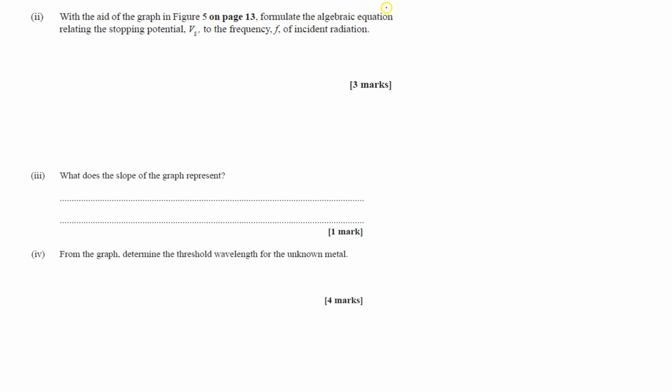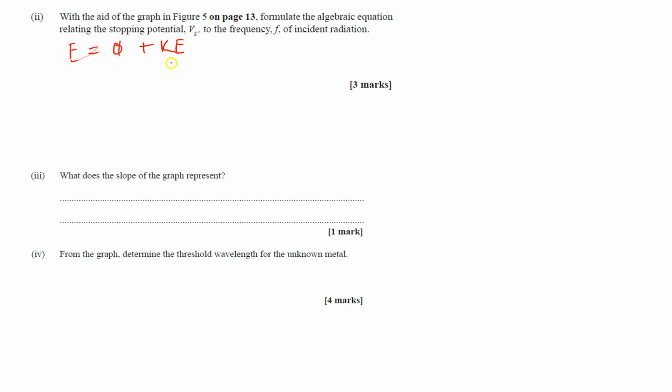All right, it says with the aid of the graph, formulate an algebraic relation relating the stopping potential to the frequency of the incident radiation. So this is where your equation comes into play. That says E is equal to the work function plus the kinetic energy.